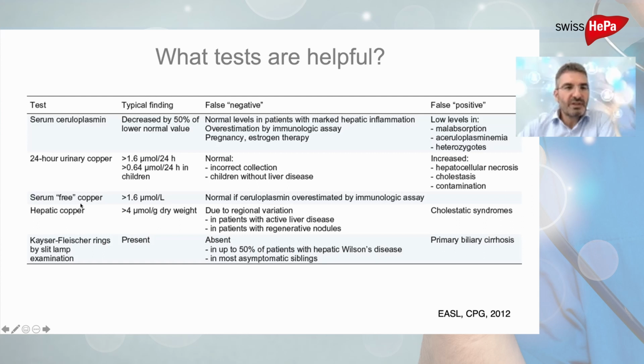To be more precise, we measure hepatic copper, and for this we need, and this is the clear disadvantage, a liver biopsy, and we can take a fraction of this liver biopsy and send it for copper quantification. And as I was mentioning before, we can identify Kaiser-Fleischer rings during clinical visits.